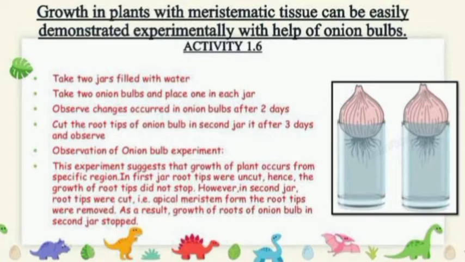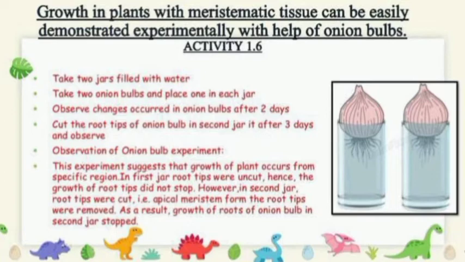We observe that the growth of plant occurs from specific regions. So that is the meristematic region. So in the first jar, the root tips were uncut. Hence, the growth of the root tip did not stop in the first jar.